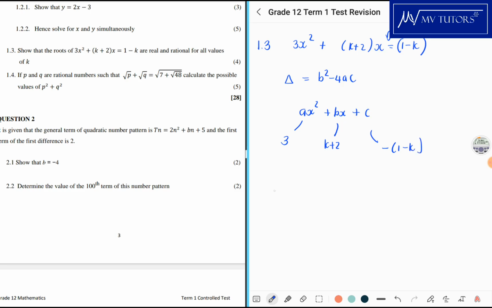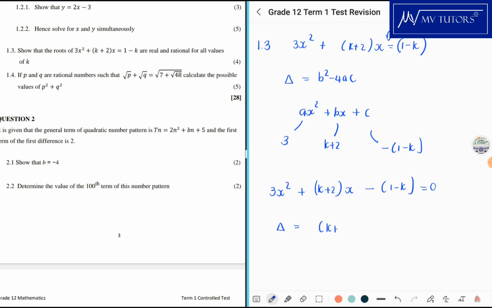Let's rewrite that sum again so that we are sure of the negatives: minus 1 minus k, equal to 0. Now let us work out what the discriminant is going to be. In this case, our discriminant is going to be b squared.